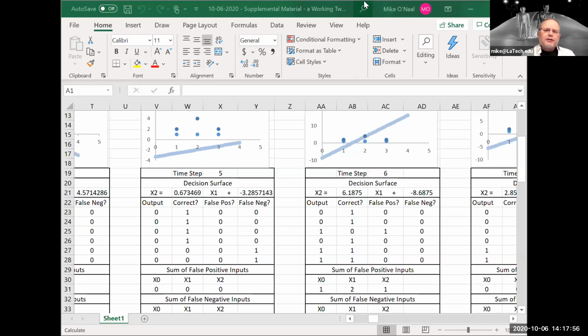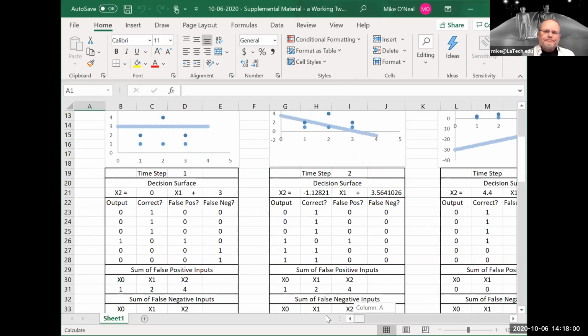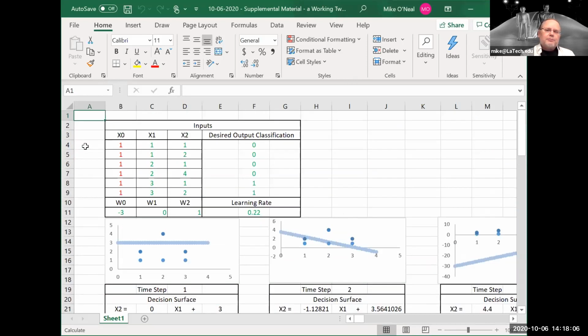Here is a spreadsheet that implements a perceptron. Yes, you can build an Excel spreadsheet that implements a perceptron.